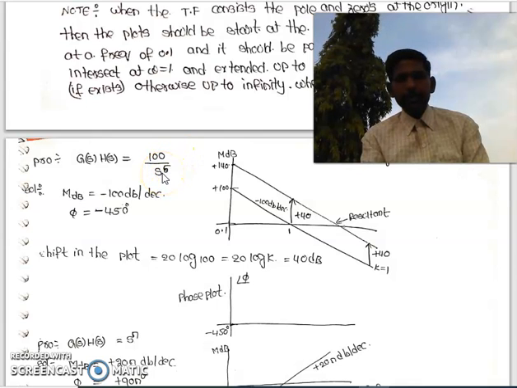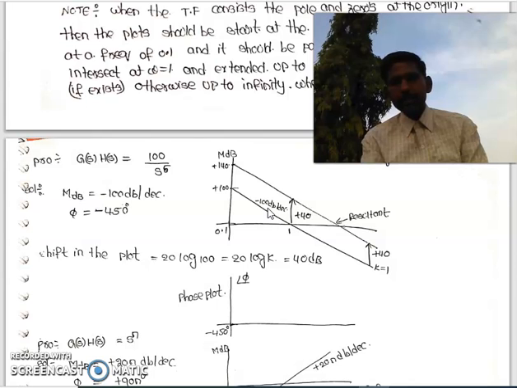So here 5 poles are there at the origin. So the Bode plot slope should be minus 20 dB, minus 20 dB, minus 20 dB, minus 20 dB, minus 20 dB, that is 5 times minus 20 dB, which is minus 100 dB per decade.